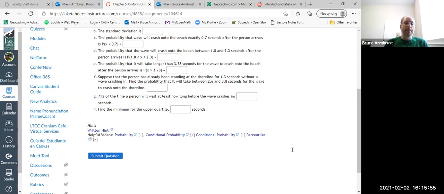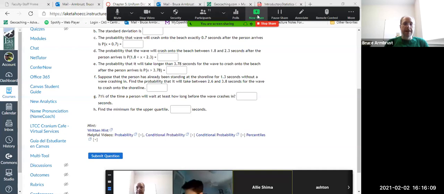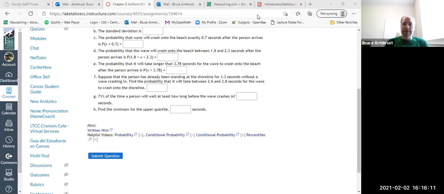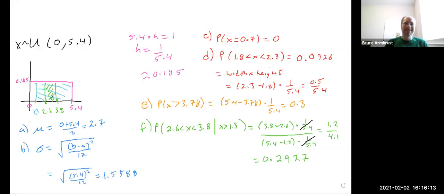All right, if we want to put this into stats terms, this is asking us to figure out a percentile. We're trying to find the 71st percentile. All right, now that probably helped absolutely nobody. So let's come back to this picture and talk about the 71st percentile.